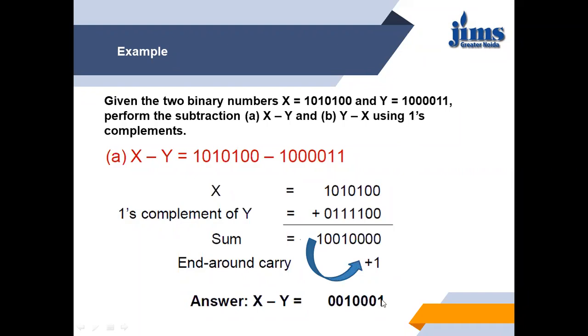That's your final answer for x minus y, which was obtained in the previous example using 2's complement. But in that case we just discarded the carry. In this case we have to add the carry to the result. Is that clear?